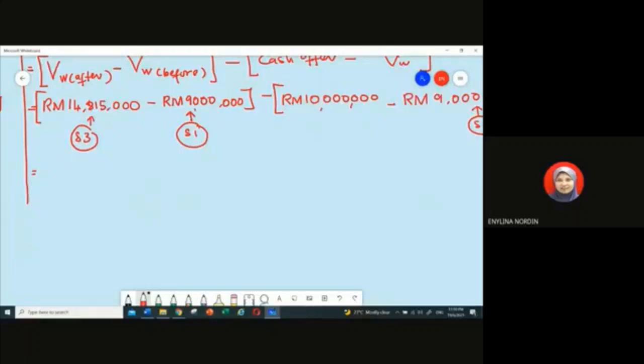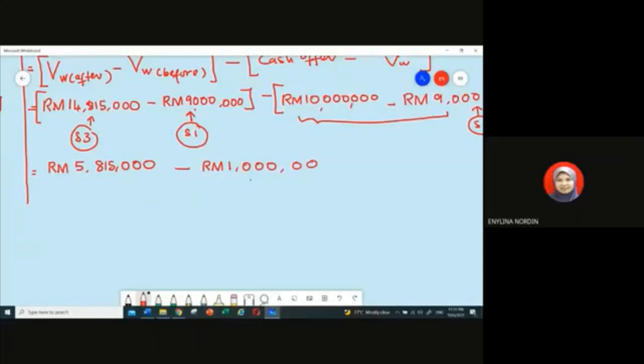Then the present value of the synergy from this acquisition is 815,000. And how much is the excess amount paid by Keramat to Wangsa? That is 10 million minus 9 million. So that will be the excess amount, or the premium, of 1 million ringgit.